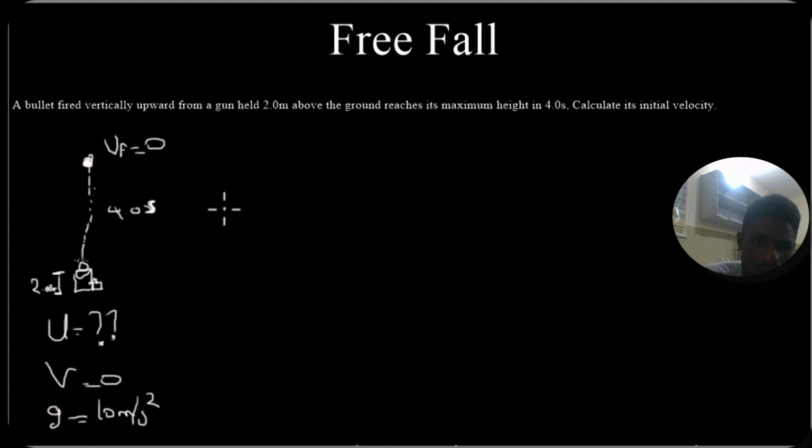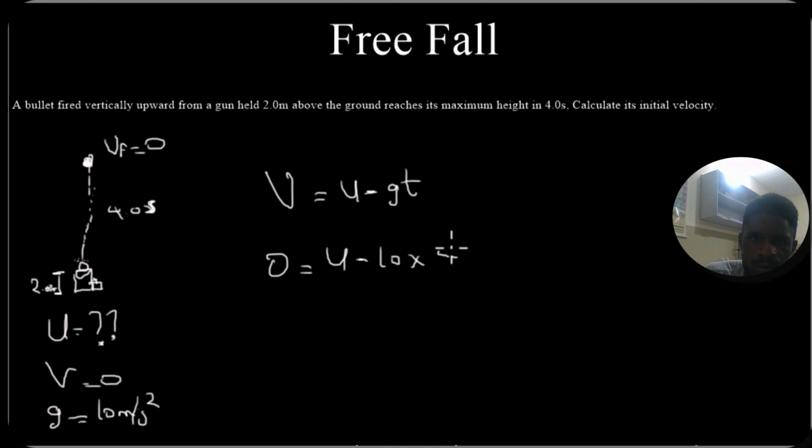So I can use my first equation of motion and simply say v is equal to u minus gt. Remember what we're looking for is u. So 0 will be equal to u minus 10 times 4.